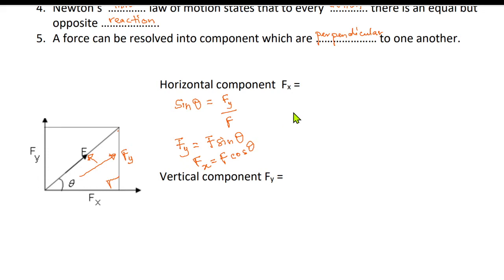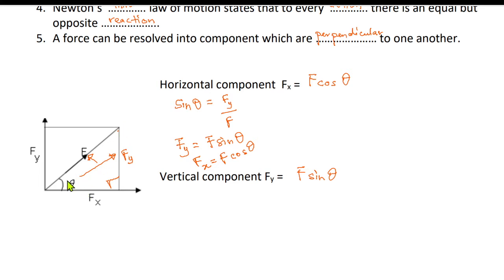So now we can answer this question. Okay, the horizontal force f sub x is equal to f cos theta, and f sub y equals f sin theta. Okay, so bear in mind that this force can be resolved as f sub x and f sub y.